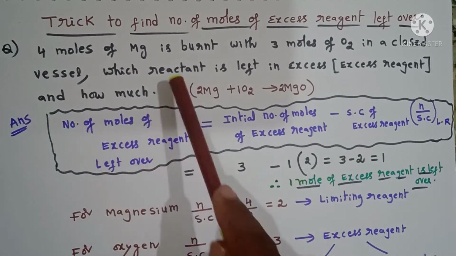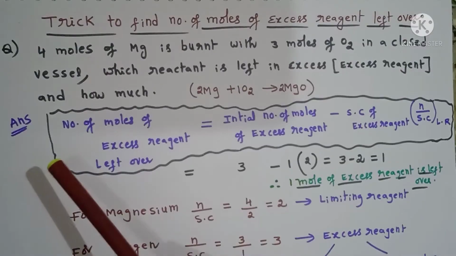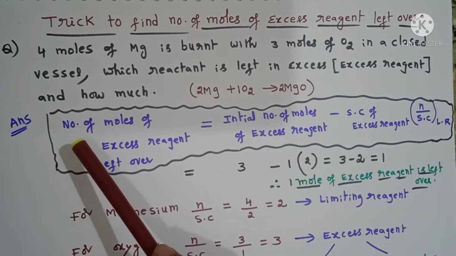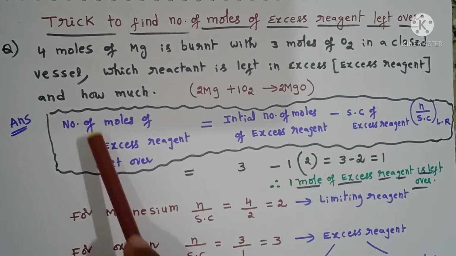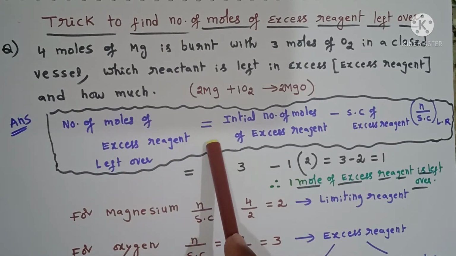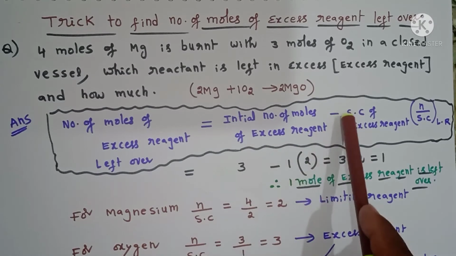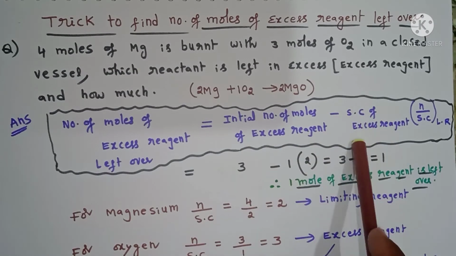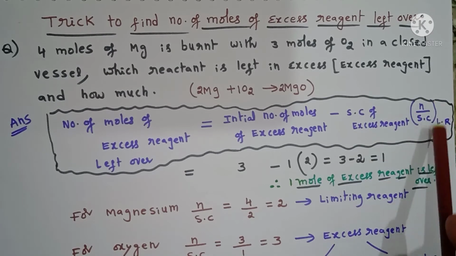See, in this question they are asking about the excess reagent and how much of it is left over in the reaction. For that the trick is: number of moles of excess reagent left over is equal to the initial number of moles of excess reagent minus the stoichiometric coefficient of excess reagent into N by Sc of limiting reagent.